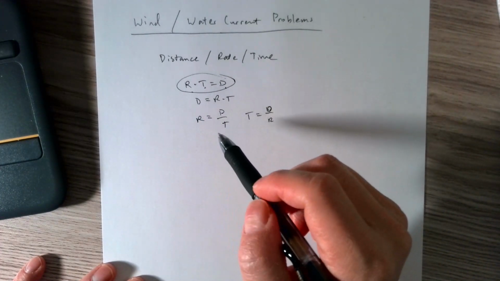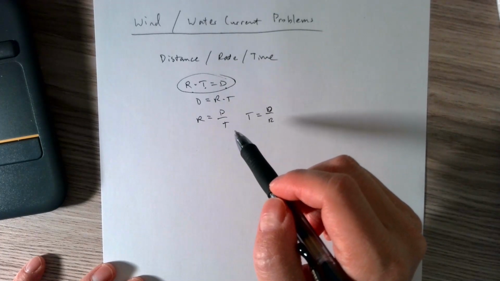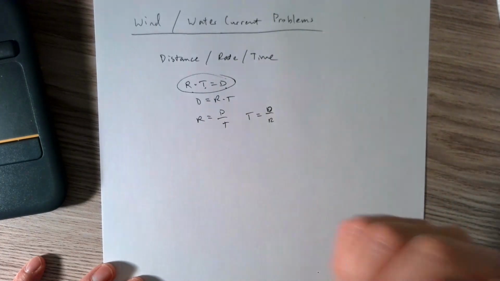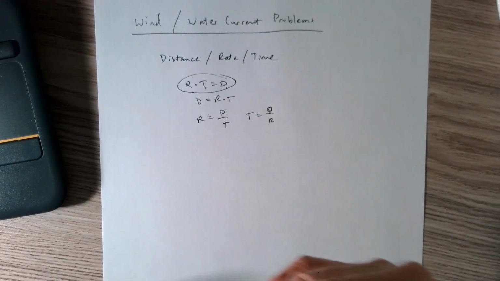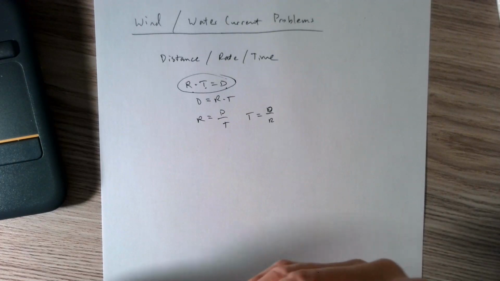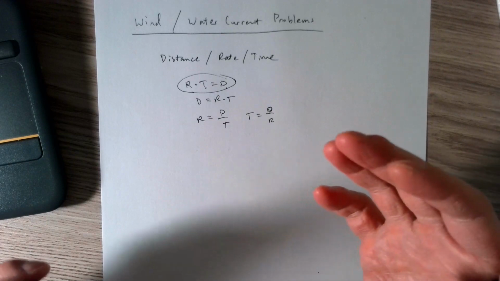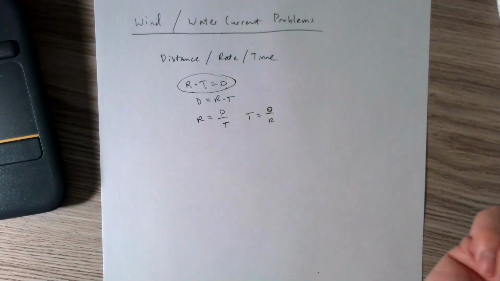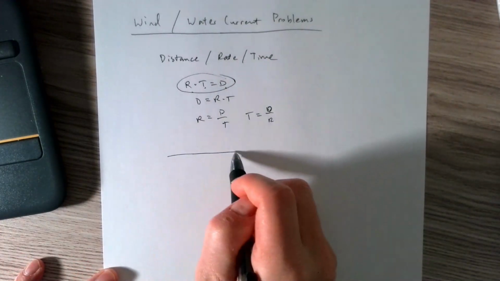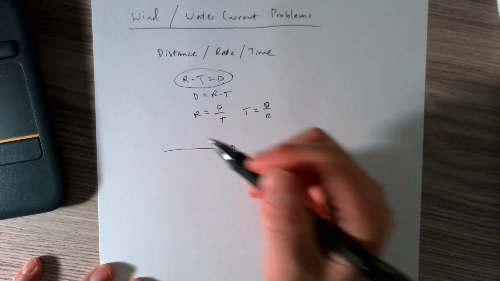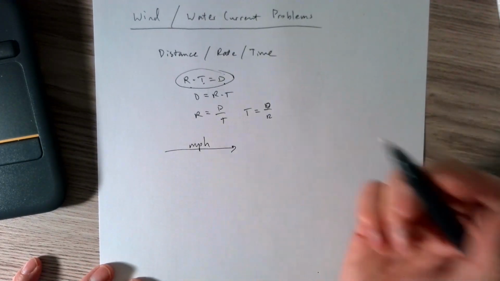Okay, now when we have an object flying, there is something working against the speed of that object, and we're just going to call that wind. So if there were no wind, an airplane, for example, would travel at some kind of speed based on how powerful its engine is.